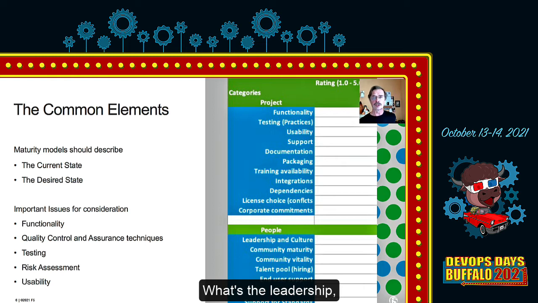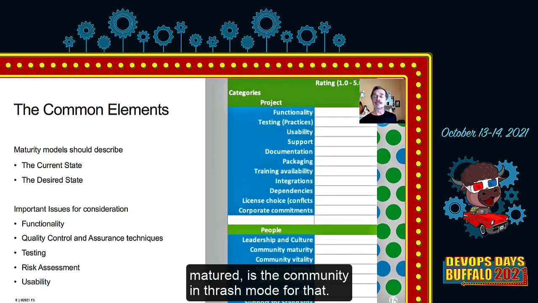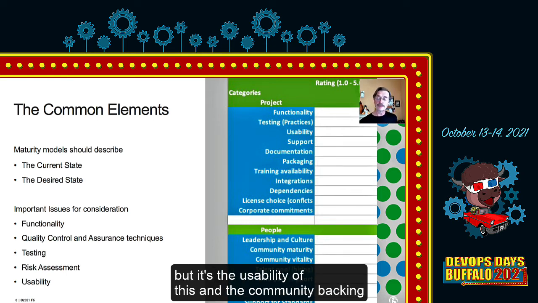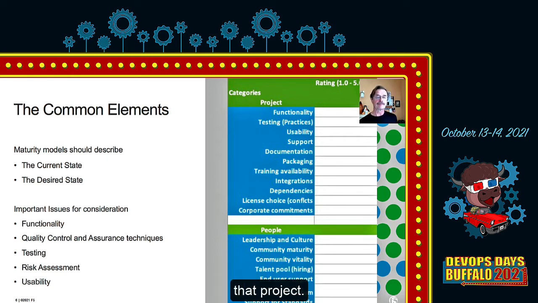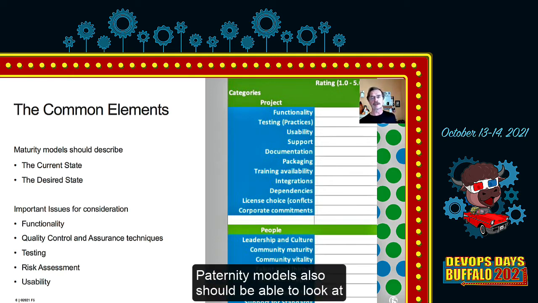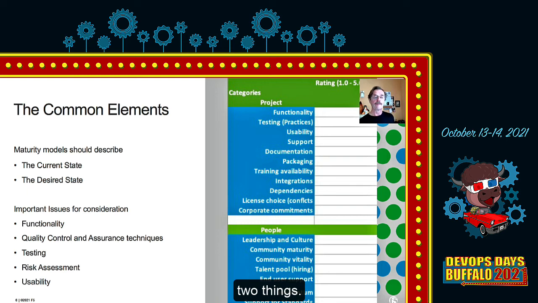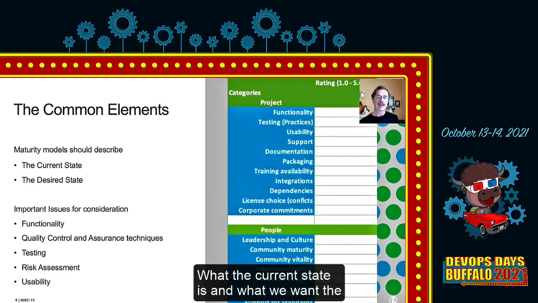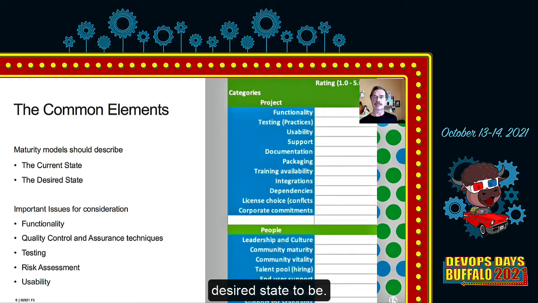What's the leadership? What's the culture of this? Has the community matured? Is the community in thrash mode for that? And so when we look at this, it's not just the functionality and quality control, but it's the usability of this and the community backing that project. Maturity models also should be able to look at two things: what the current state is and what we want the desired state to be.